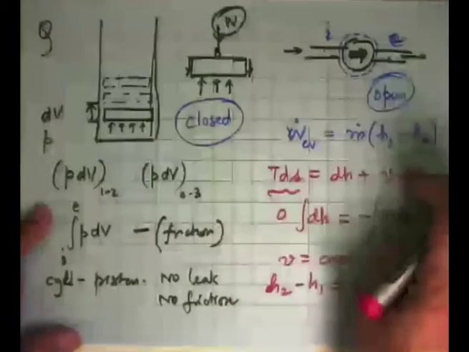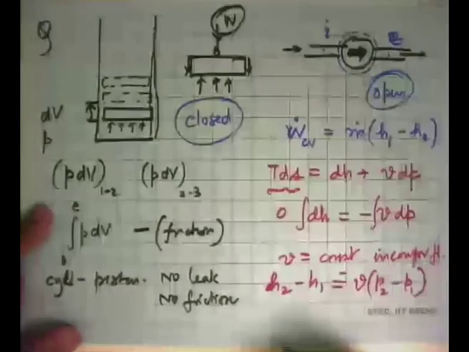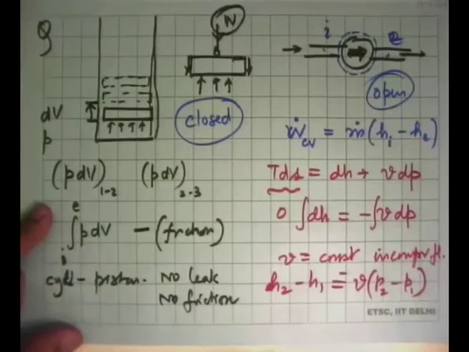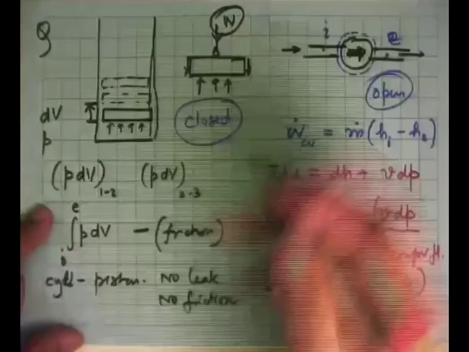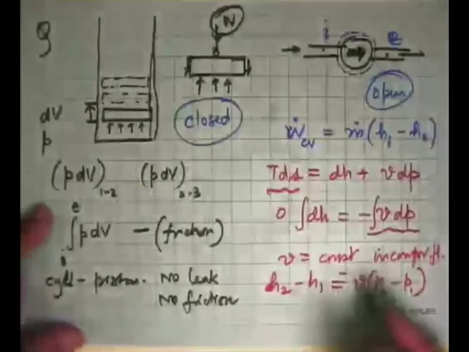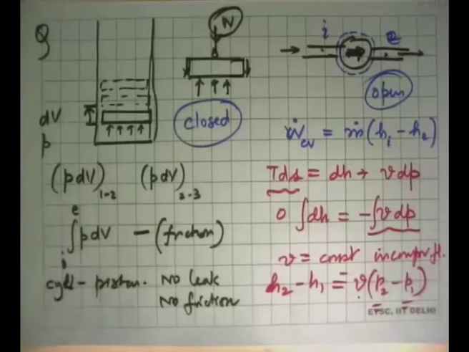And that's what we put in over there as the work. So the work in this then becomes VdP work. So that's what this work was. And this V is either here or here, doesn't matter. It is the same specific volume. It's just the change of pressure that comes into play.